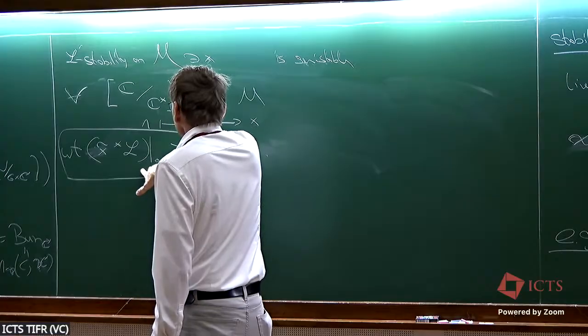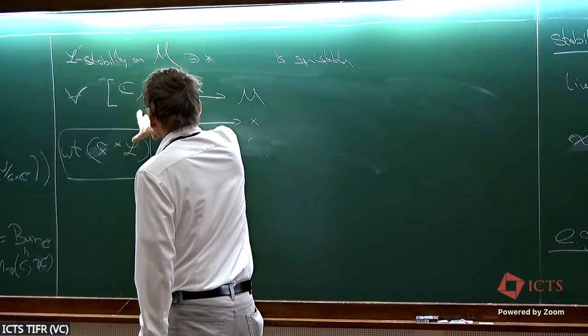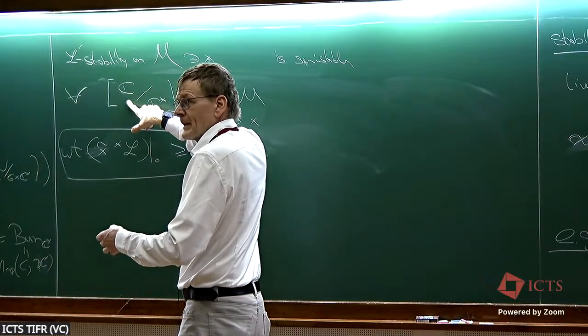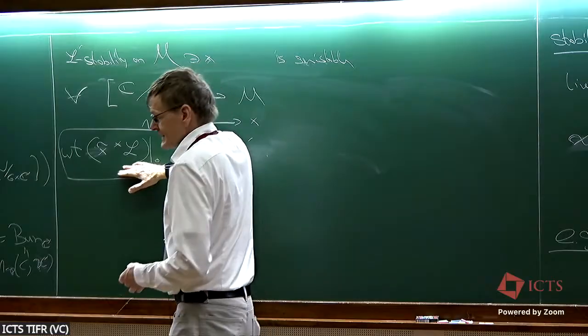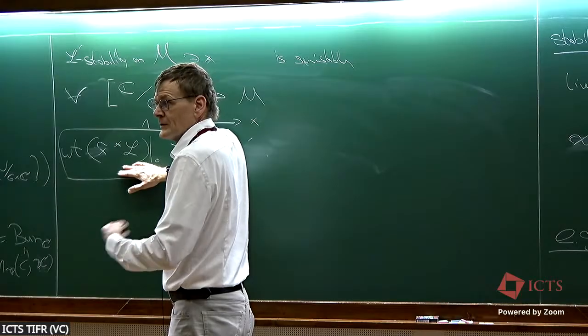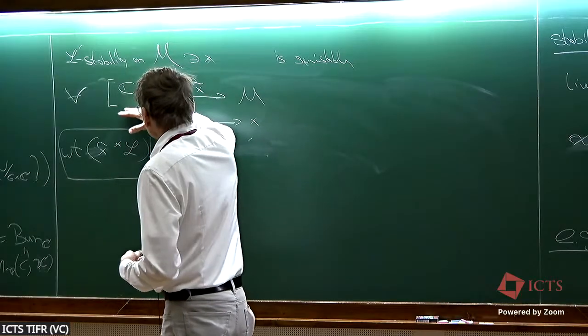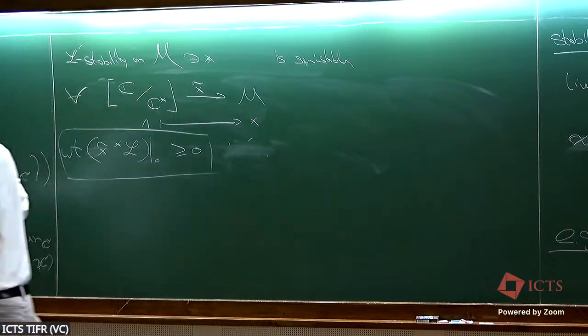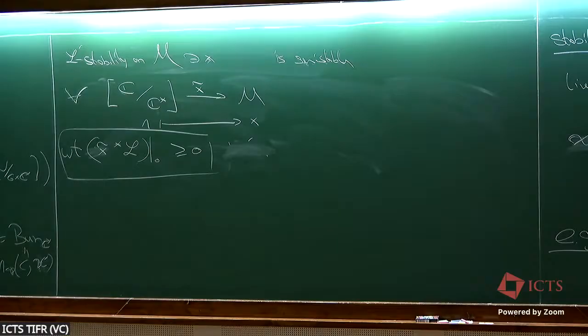Anyway, what does this mean? This is just a C star equivariant line bundle on the affine line. And this condition just means it has non-trivial invariant sections. If I think of this algebraically, a line bundle on the affine line is a free rank 1 module over the polynomial ring, with a generator, the unique non-vanishing section.